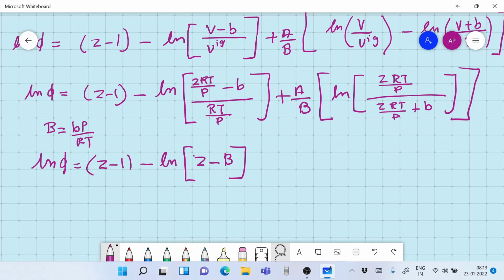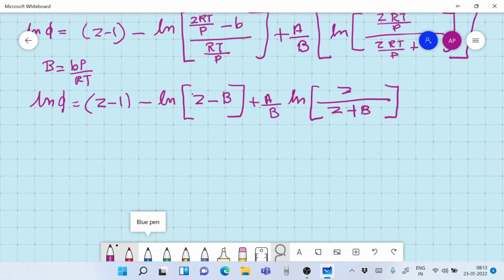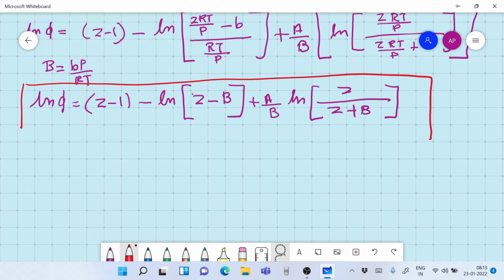We have already defined this, plus A over B, and finally we have ln of z over z plus B. So we have our expression for the fugacity of a van der Waals gas.